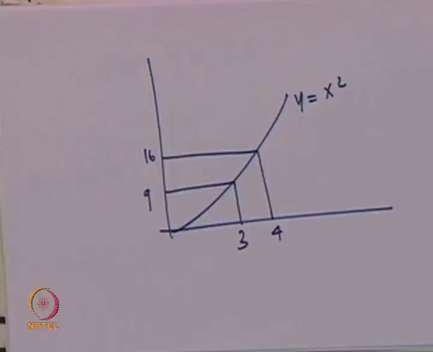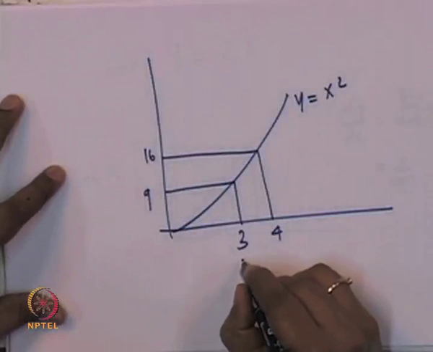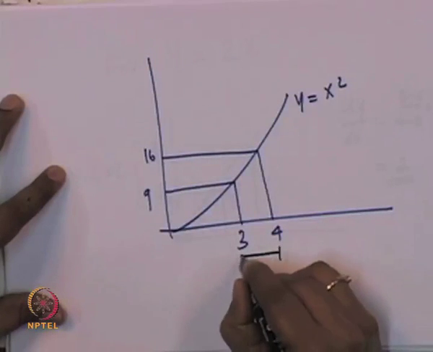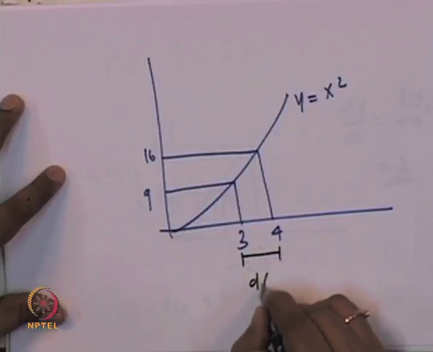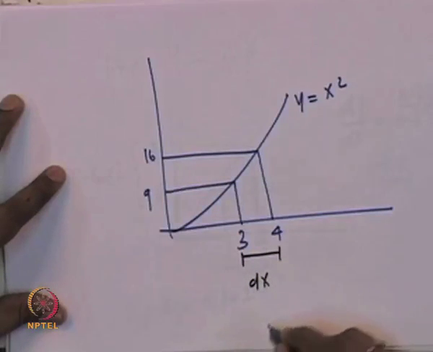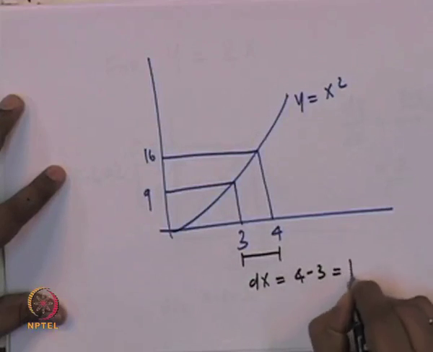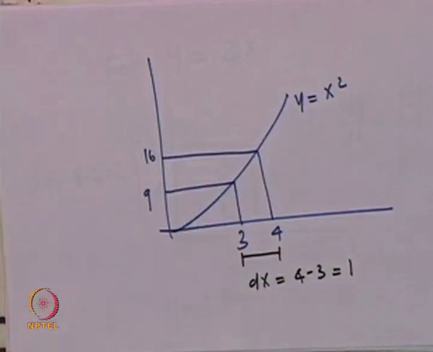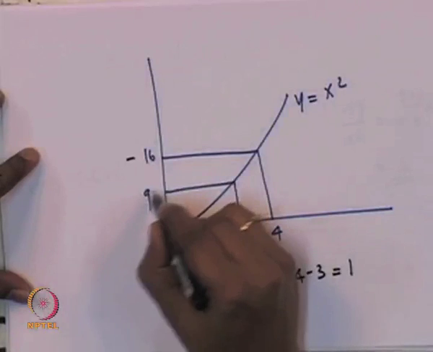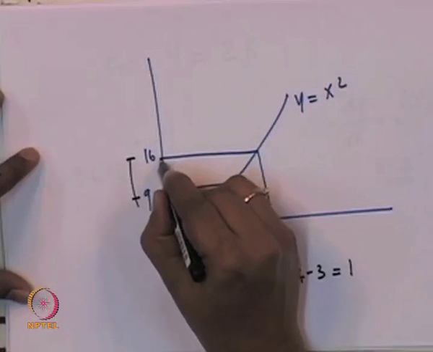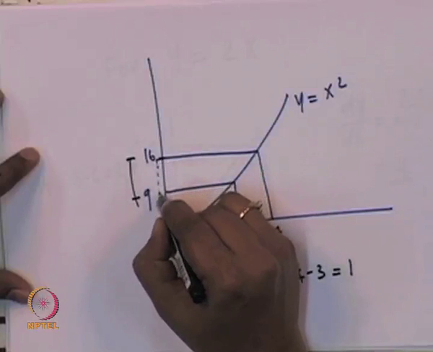What is dx? dx is nothing but this amount. How much is the change in this? This is nothing but 4 minus 3, which is 1. So, dx is 1. Now, what is dy? The dy is this amount, this much is the dy.